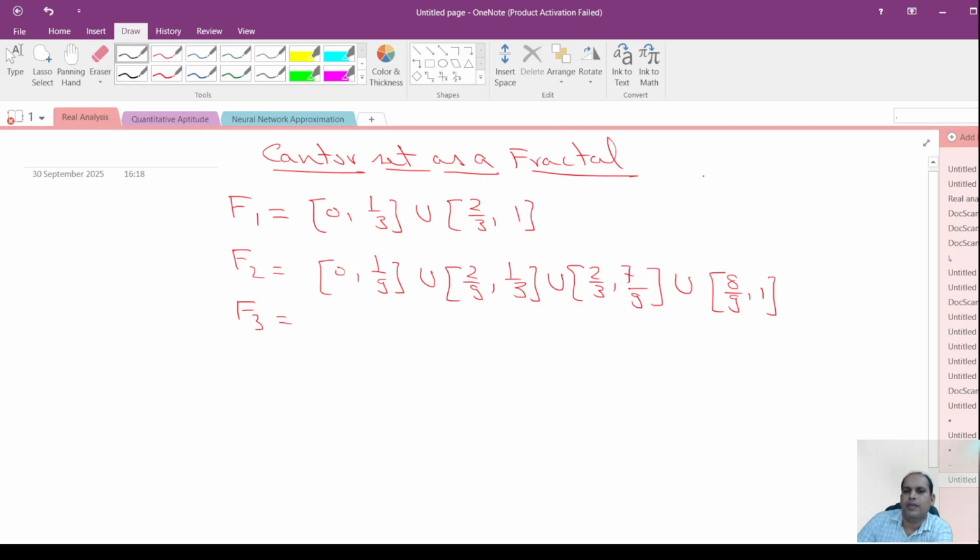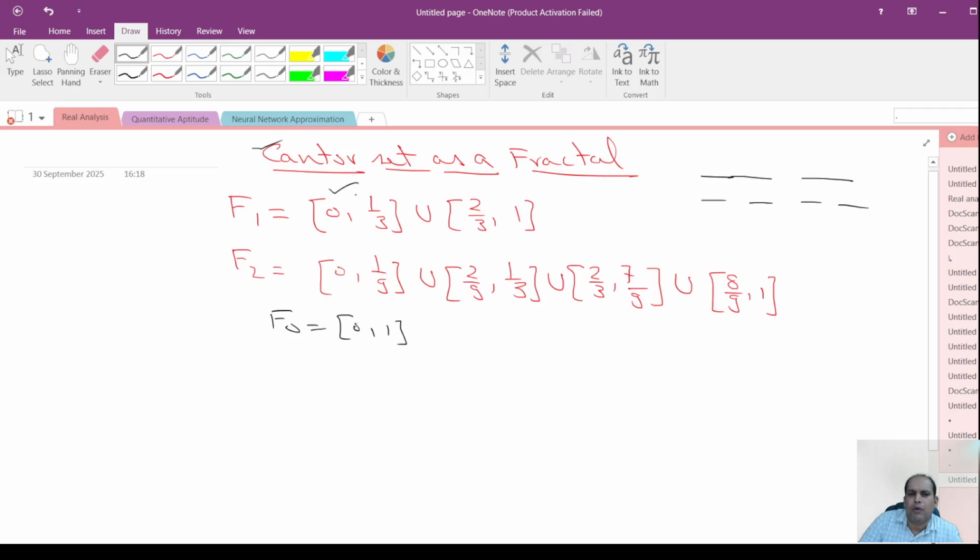So the Cantor set is basically repeating its structure, the whole pattern. Can we write the Cantor set as a recurrence relation? Let us denote F0 as the closed interval [0, 1].